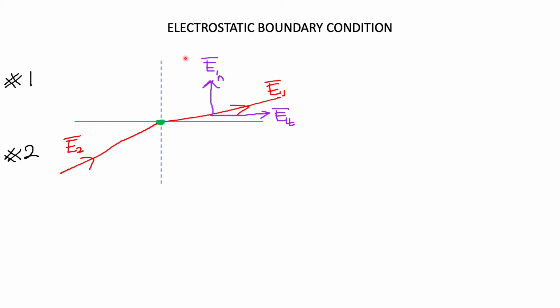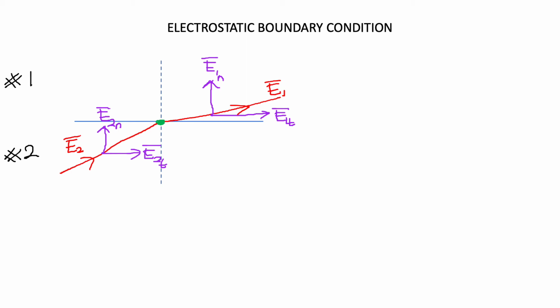So if we have the normal and the tangential component in E1, E2 will have the same thing. But now I'm going to name it as E2 tangential, and this one as E2 normal.